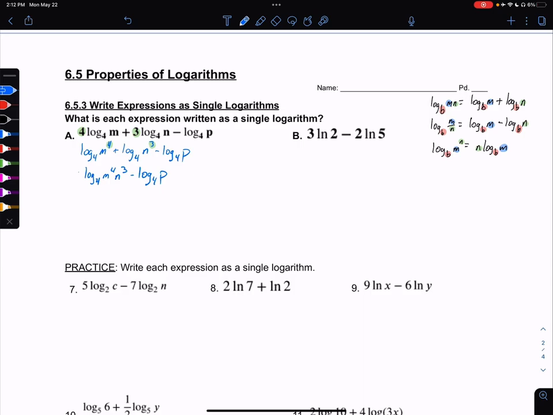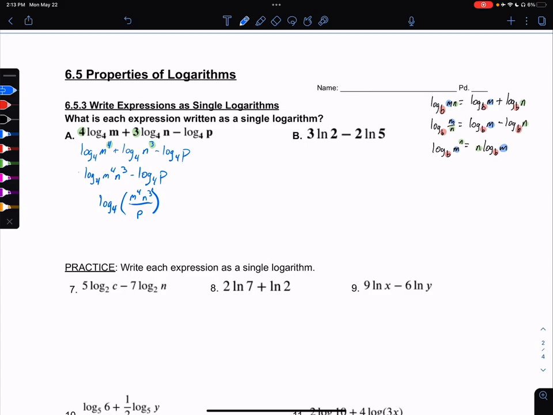Now our final step, and we get to use all 3 properties here. We're now going to use this second property where we're turning subtraction into division. In the previous video, we went from division into subtraction. So this would become log base 4, and I'm going to use parentheses here just to keep things a little more organized: m to the 4th n cubed over p.